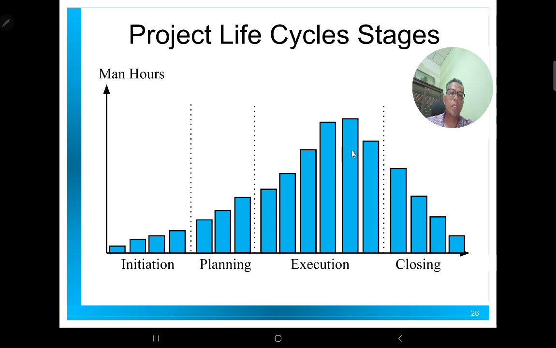After around 70 or 80% of the project execution, you can see the man hours start to decrease. That means you can see some progress where the product or the process is already completed, and the requirement for man hours is reduced, and it will steadily decrease towards the closing stage.